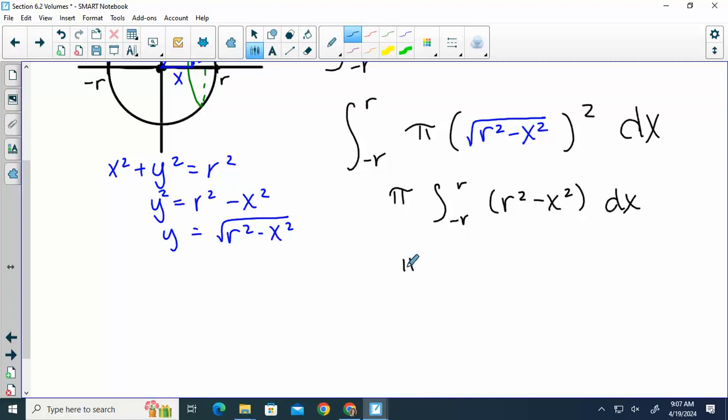So when we integrate, r squared is just representing a number. So what's the antiderivative of r squared? r squared x. r squared is just a coefficient, so it's just a number. Because dx tells me x is the variable, any other number is a constant. Minus the antiderivative of x squared.